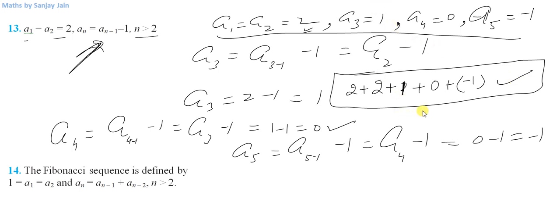Now is it necessary to write this 0 here? Yes, it is necessary because we are writing a series, right? This is a format in which a series is written. It should be separated with plus signs here. So what I have done is I have written this 0 to show that the fourth term of this series is going to be 0 and the fifth term of this series is going to be minus 1.